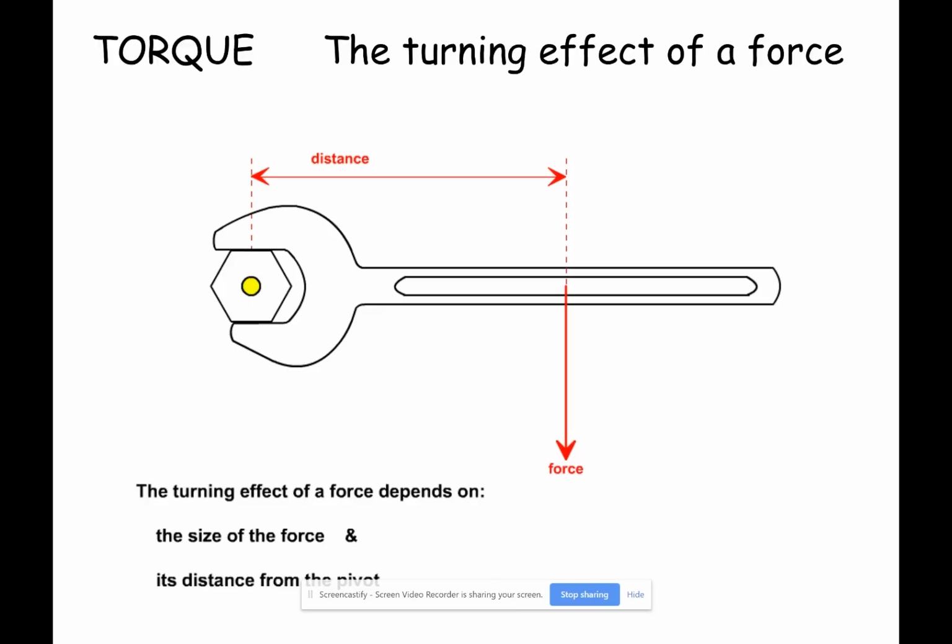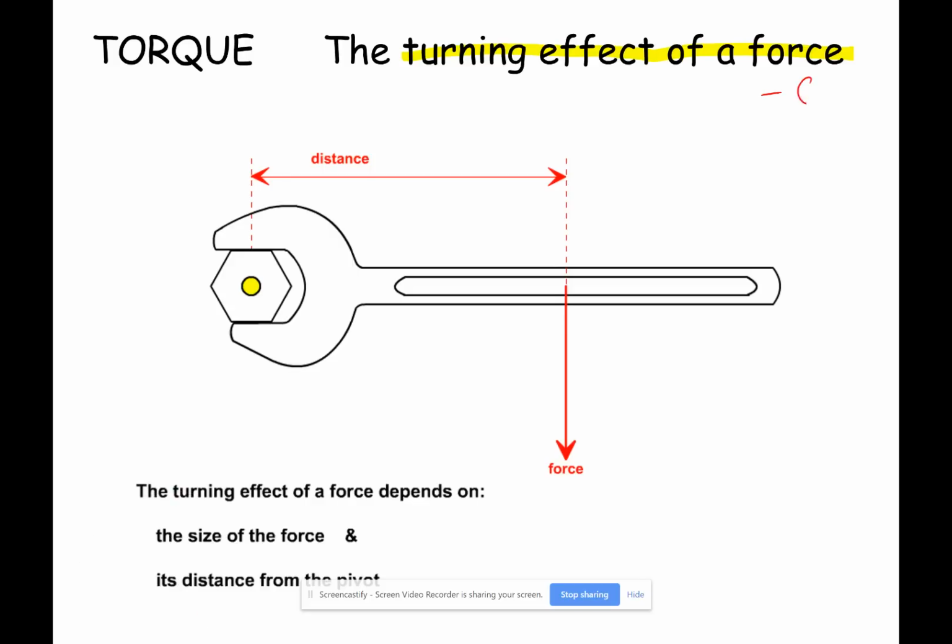Now, torque is the turning effect of a force. That could be any force we've learned about.